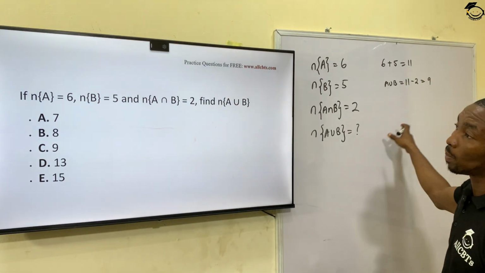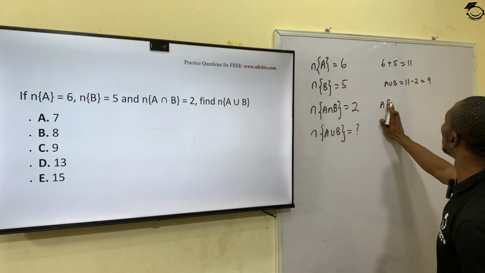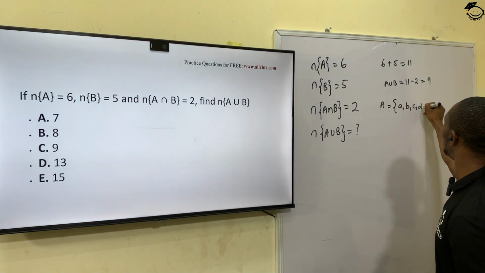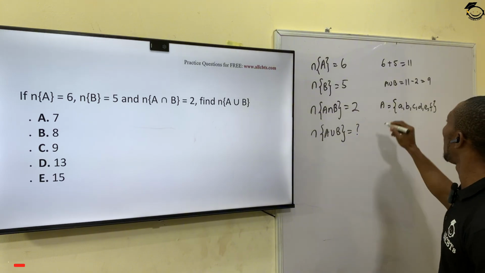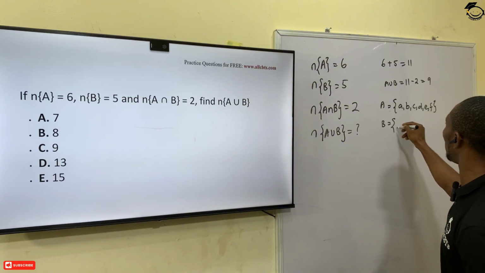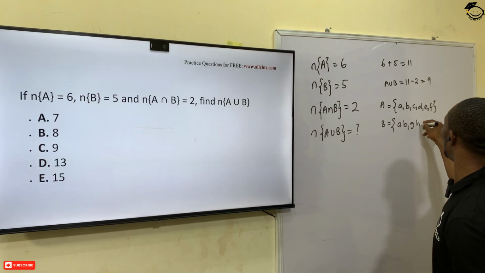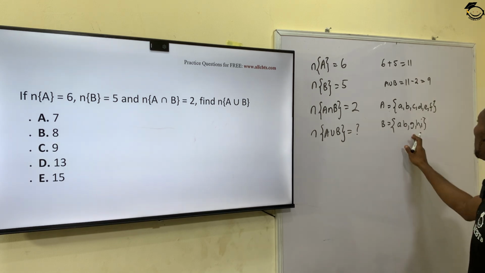Now, in order to explain this further, let's look at it as if set A has A, B, C, D, E, F, and our set B has A, B, G, H, and I as the elements.